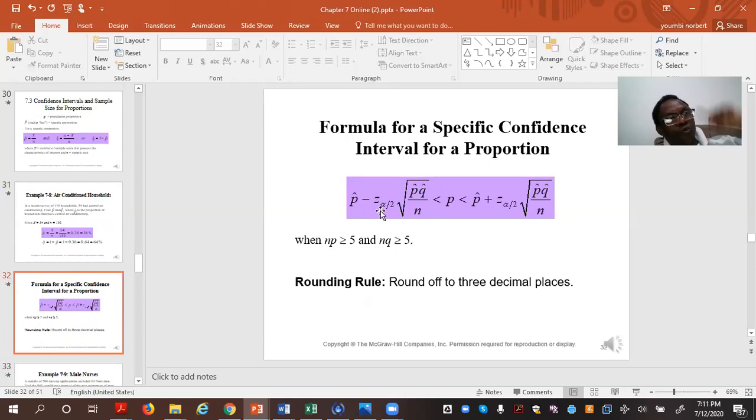For proportion, you will need that slide. Whenever you have Z alpha over 2, that slide is going to help you. So alpha over 2 is the area to the left of Z alpha over 2. Then P hat is the sample proportion, and 1 minus P hat is Q hat. Q hat is the opposite.